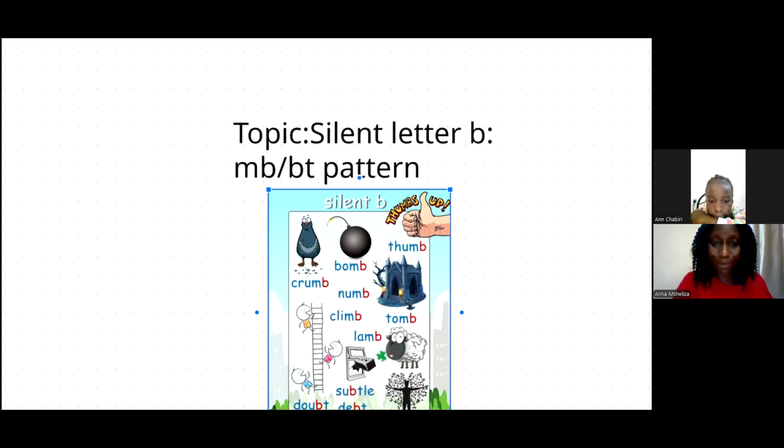All right, the next picture would be some children. Climb, climb, climb. And you can see the B is after the letter M, making it quiet. Then we have the word numb. Do you know what the word numb means? No. When we say the word numb, it means to lack feeling.